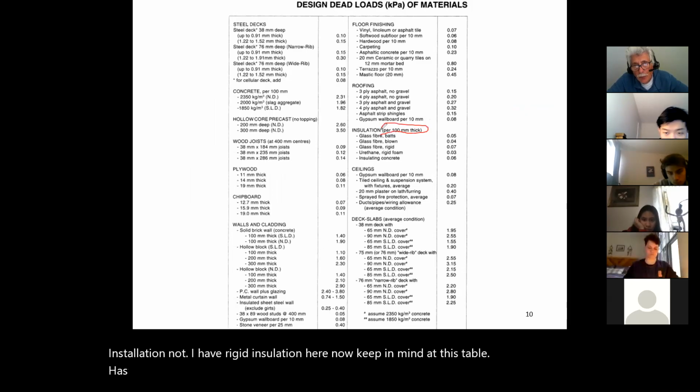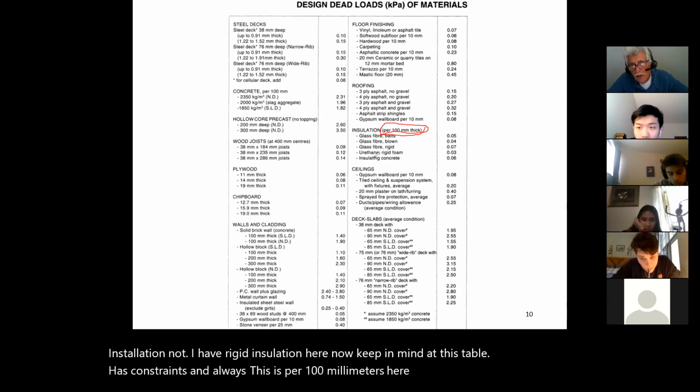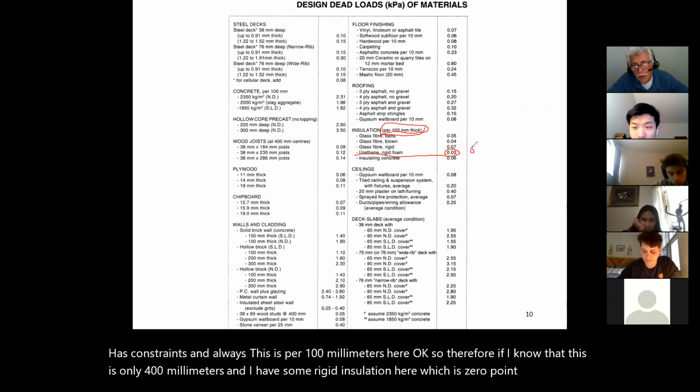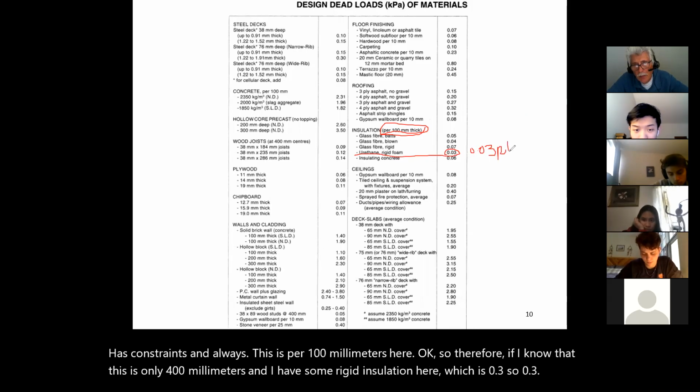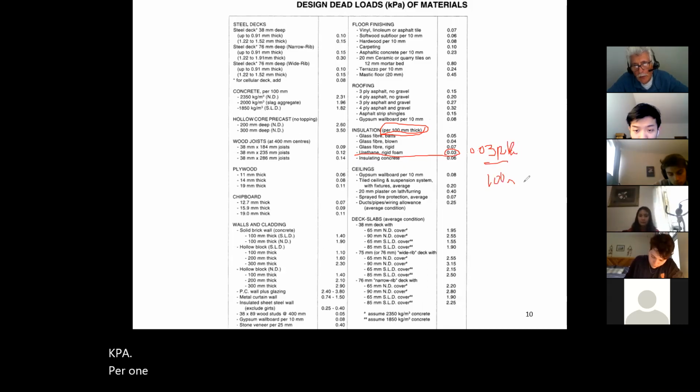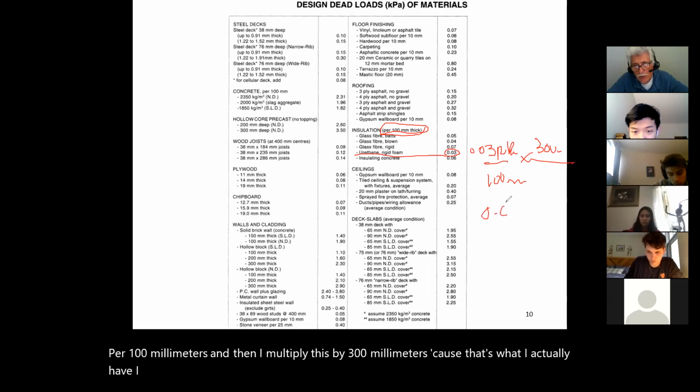In other words, this is per 100 millimeters here. So, if I know that this is only for 100 millimeters, and I have some rigid insulation here, which is 0.3 kPa per 100 millimeters, then I multiply this by 300 millimeters because that's what I actually have. Well, I know that I'm going to end up with 0.9 kPa.